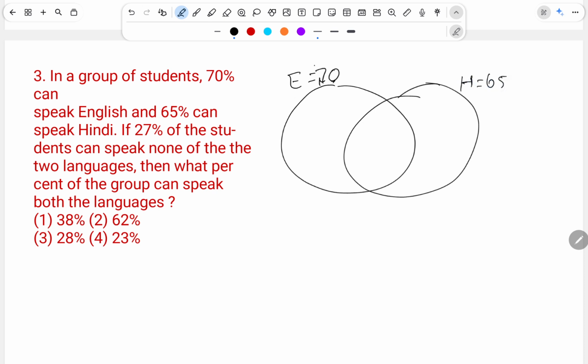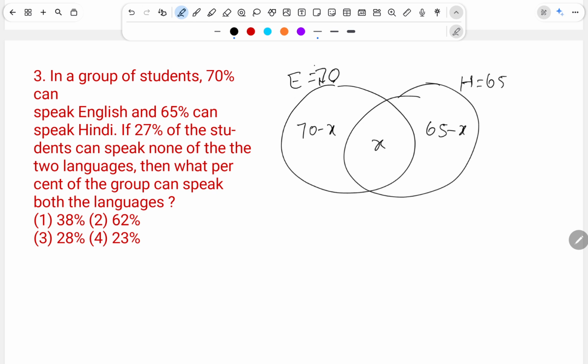If 27% of the students can speak none of the two languages, then what percent of the group can speak both the languages? Let X can speak both the languages. Then this becomes 70 minus X and this will be 65 minus X. Now the total will be what percentage? 100%.